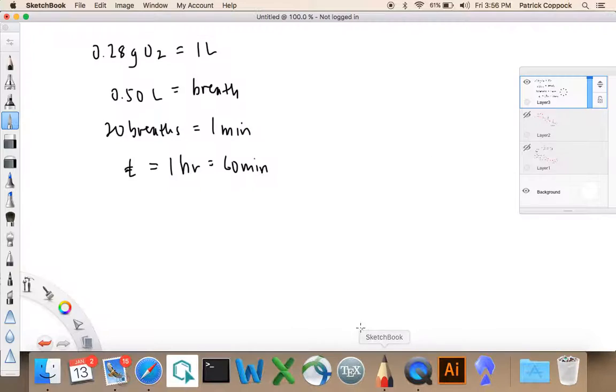Let's go back over here now, and let's set up the question in red. It's going to be grams of O2. What goes here? Grams of O2. So I look up here and I say, aha, 0.28 grams of O2 per liter of air, right?